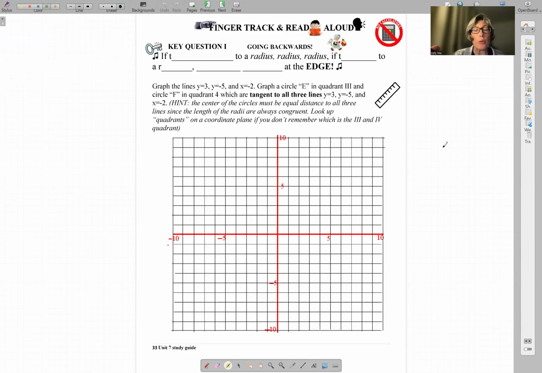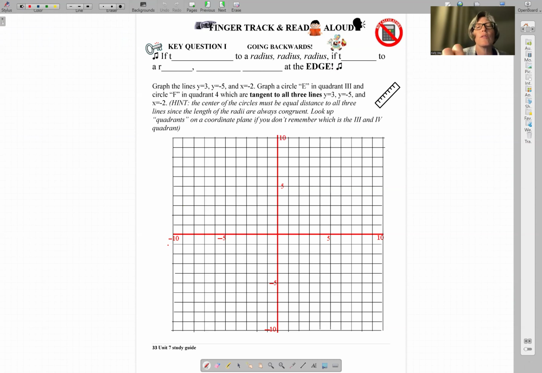If tangent to a radius, right angle at the edge.